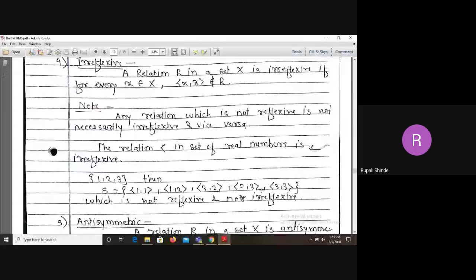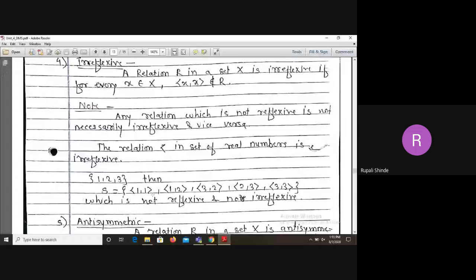First of all, check whether this relation is reflexive. For a reflexive relation, there must be an ordered pair (x, x) in relation R for every x. Check the first element: is the ordered pair (1,1) present? Yes, that is there. Now (2,2)? No, this ordered pair is not here. That's why we can say this is not a reflexive relation.